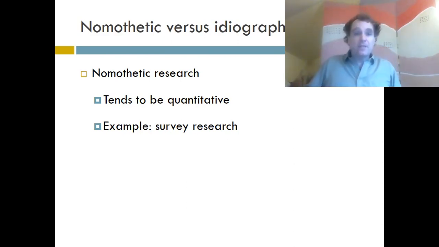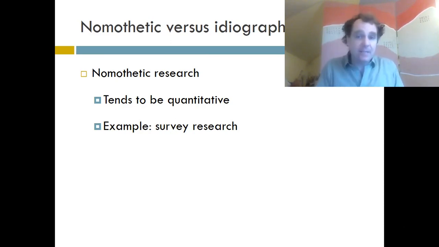In this way, it's very similar to the natural sciences. Nomothetic is the approach of biology and astronomy. It really wants to understand the general laws of the physical or natural world. And so when social scientists adopt this nomothetic research, they're in some sense adopting the approach of the natural sciences.